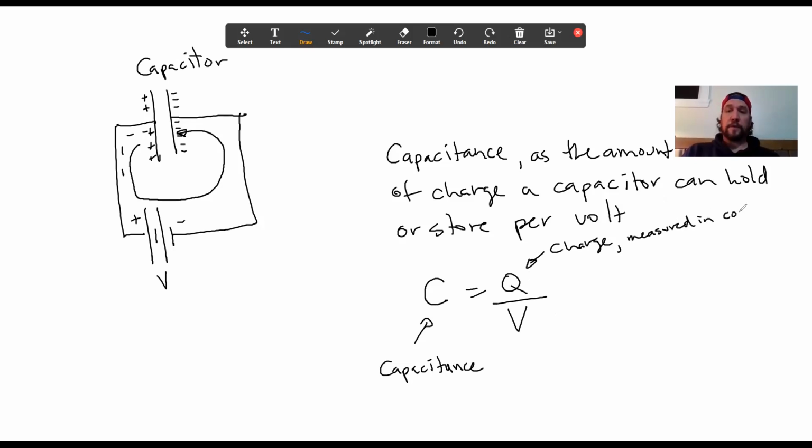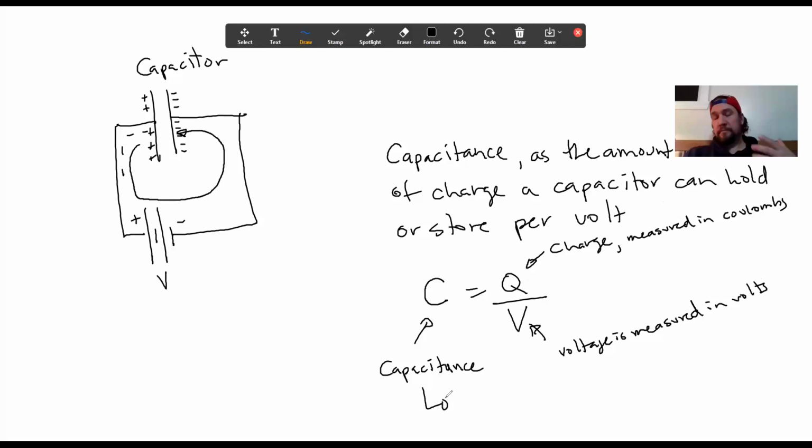Charge is measured in coulombs, and voltage is measured in volts. And so capacitance, we define it, is measured in something called farads, F-A-R-A-D-S, farads, or F. We use the letter F. Farads is just coulombs over volts.